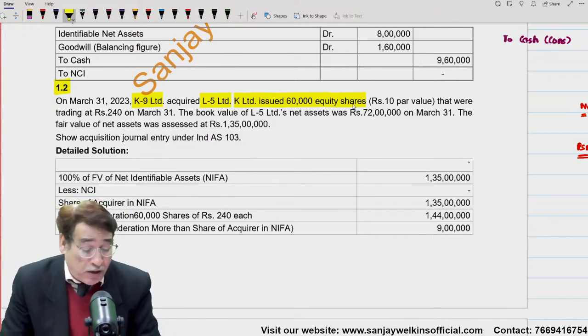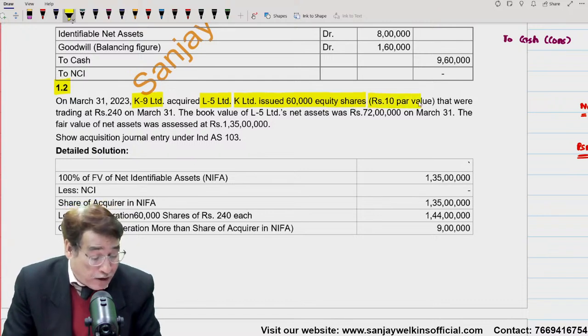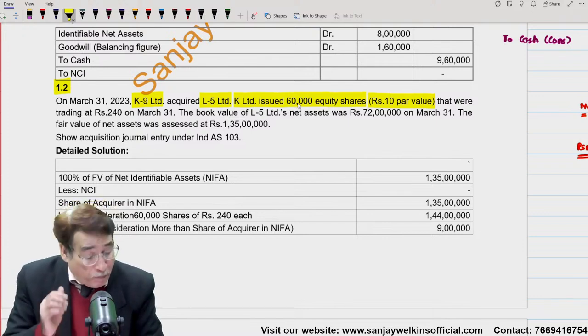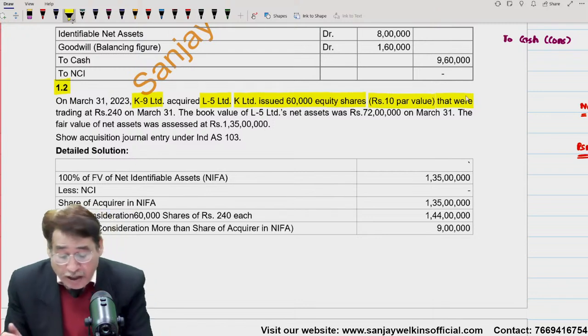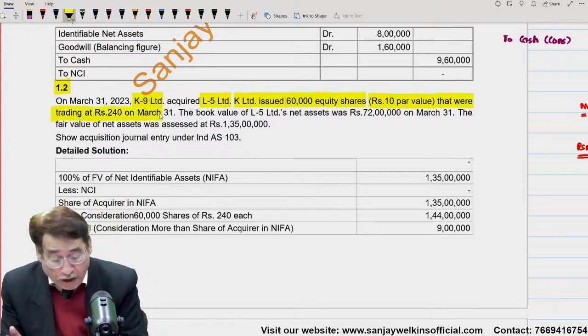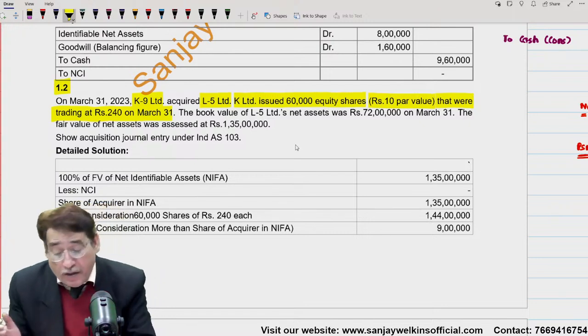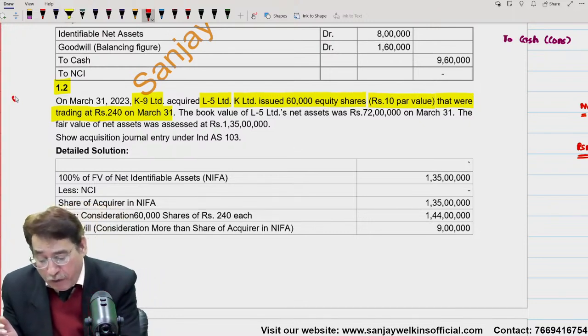Correct? So K Limited issued 60,000 shares of rupees 10 each at par value. The par value of 60,000 shares, 60,000 into 10, is 6 lakh. But they were trading in the market at 240. That means in this particular case, we are indirectly issuing 60,000 shares at the rate of 240.